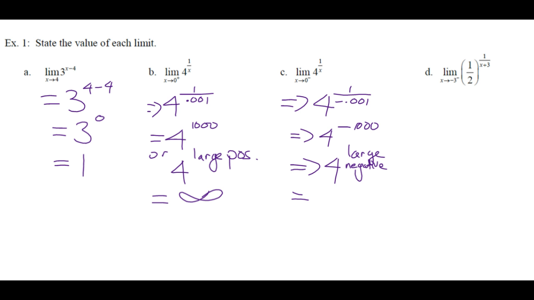So negative 1,000, right? That's going to be 1 over 4 to the 1,000. So 4 to the 1,000 would be really large. You have 1 over a really large number, which is 0. So as x approaches 0 from below, the limit of 4 to the 1 over x will be 0.